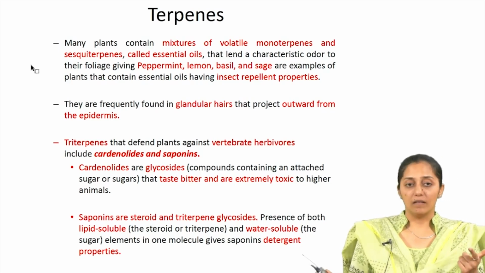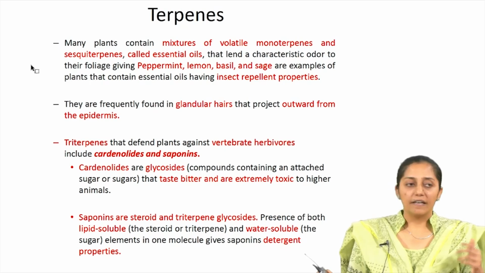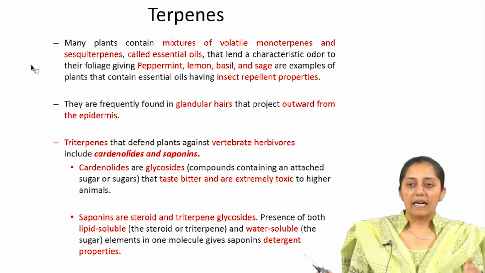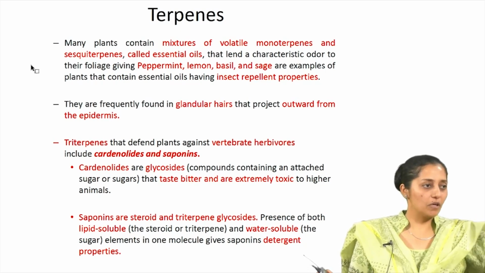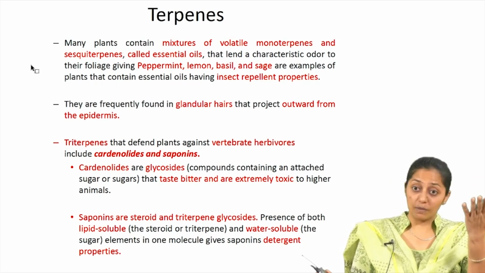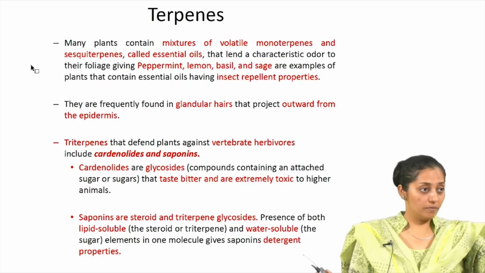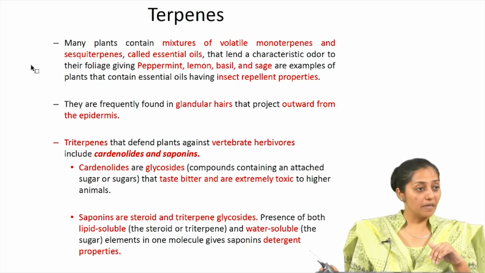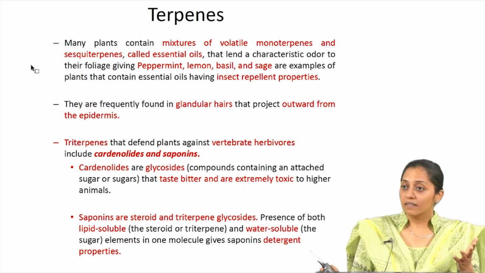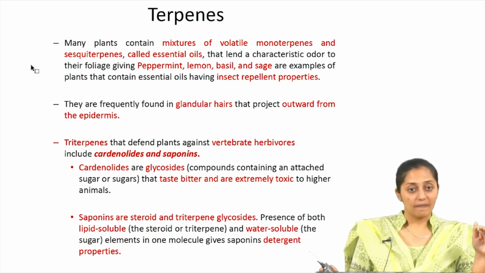If it is volatile, it will help on the surface. Then if it is non-volatile and it has a role to play in attracting, either the color should be responsible, that should show up, or the odor should be responsible, that should also be on the surface. Then if it is acting as a defense mechanism, should it be inside or should it be on the surface?